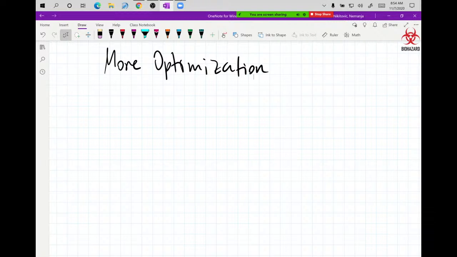This is part 2 of 4.5 optimization, where we are continuing working on those word problems which minimize or maximize whatever the objective is. We talked about it before. These are all applied word problems, and most of the time we have two equations.